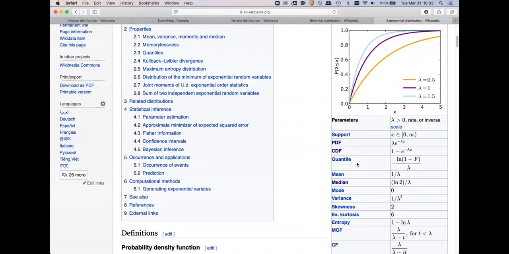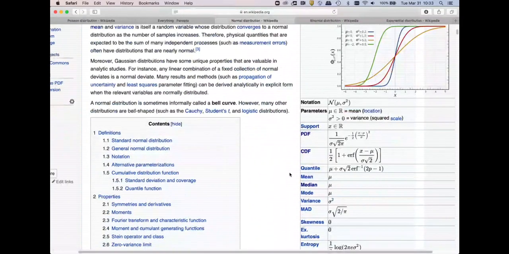The normal curve has no simple closed form expression for the CDF. You have to evaluate that numerically, which is what R does. Likewise, you don't have one for the quantile function of the normal. Let's just see what it gives us for the normal. Yeah, this is an internal function that we have to use to evaluate this. All right.